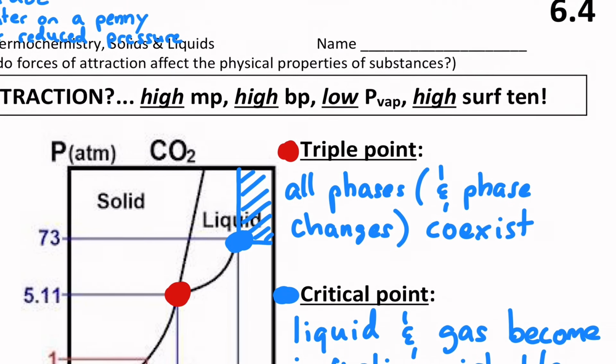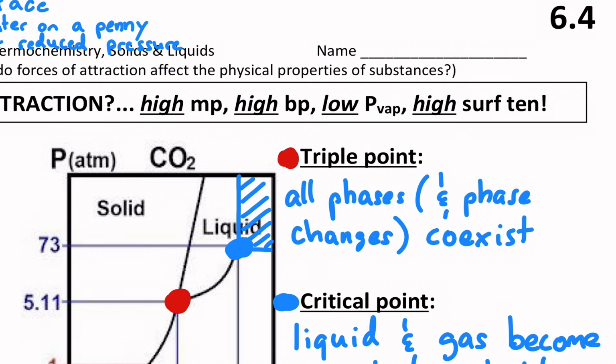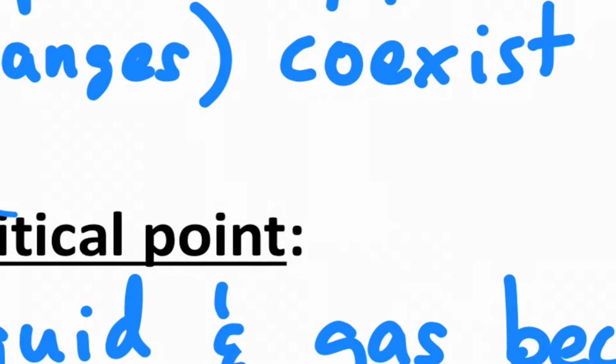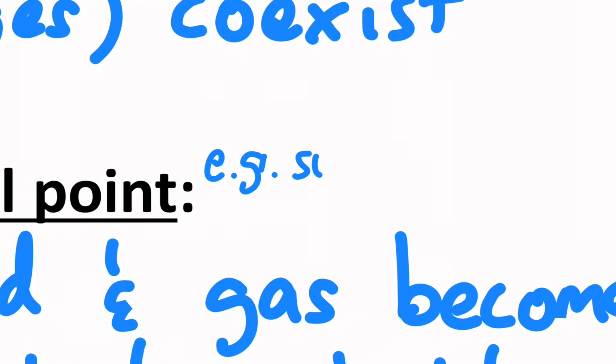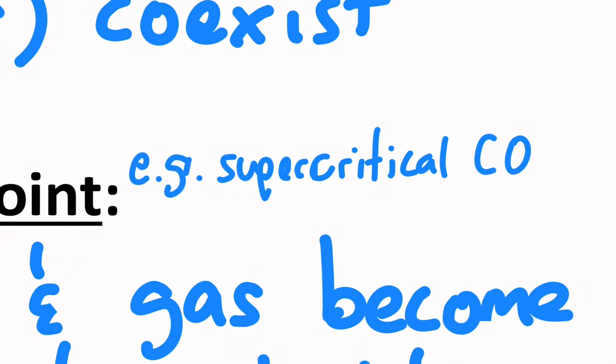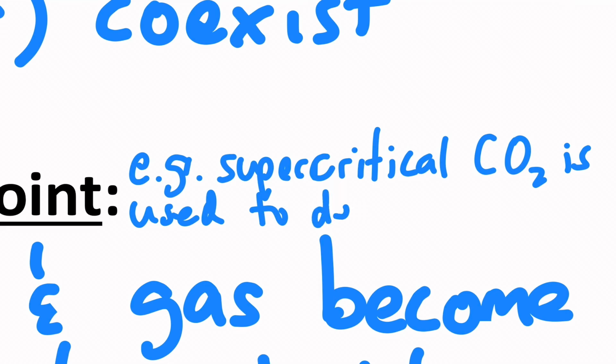For example, supercritical CO2, e.g., supercritical CO2 is used to decaffeinate coffee.